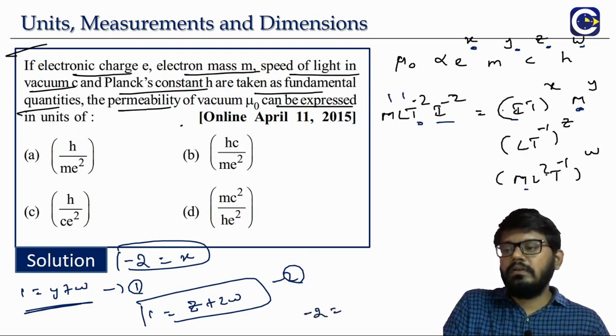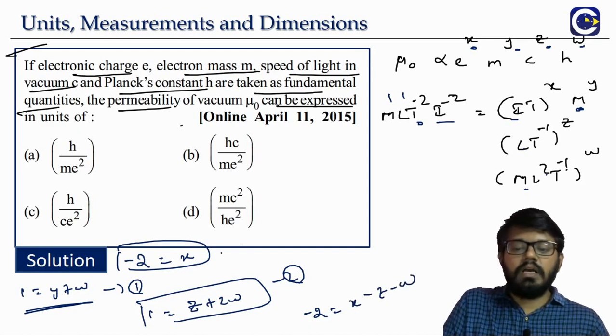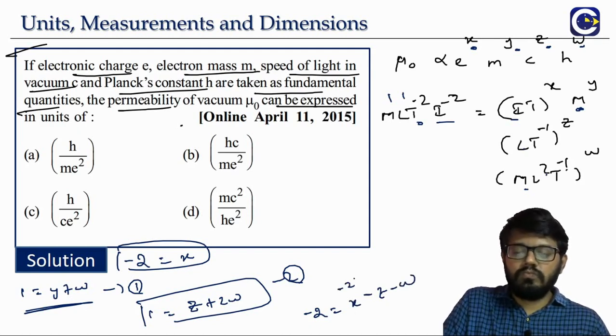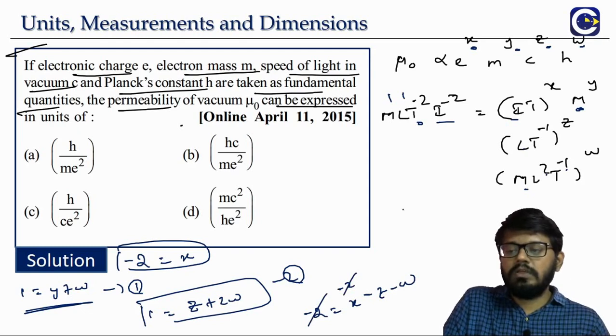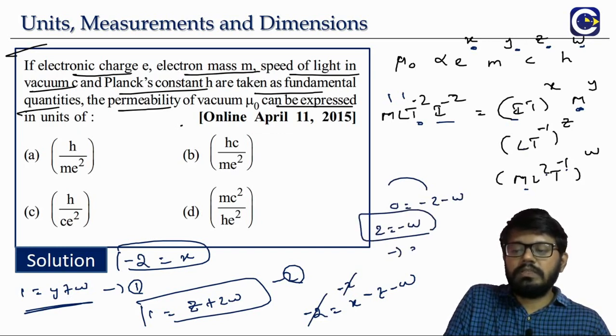Right side, here we have T power X, here T power minus Z, here T power minus W. So it is X minus Z minus W. Already we know the X value, minus 2. Minus 2 minus 2 cancel, which means 0 is equal to minus Z minus W, so Z will be equal to minus W. This is equation 3.